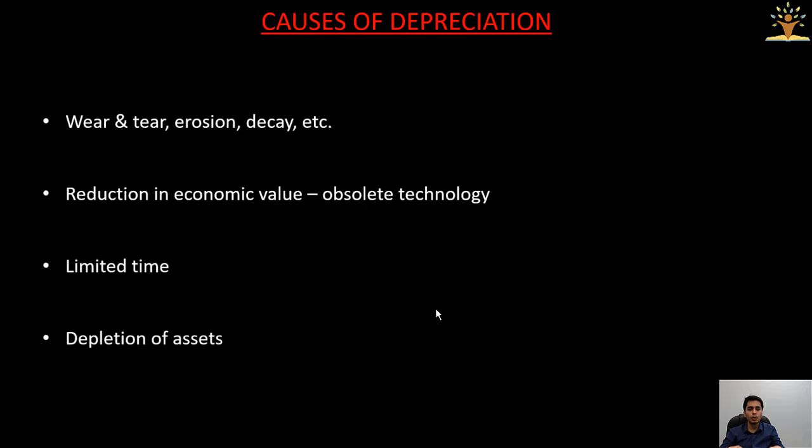Now, the asset inside the mine has depleted. So the value of the mine won't be the same as it was many years back. So because of extraction of natural resources, the value of assets also depletes, and hence we need to provide depreciation. So these were the four common causes of depreciation.